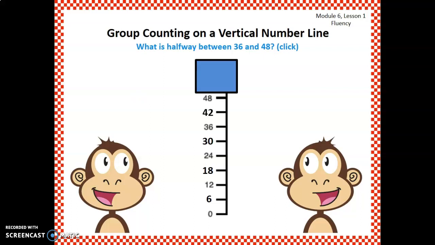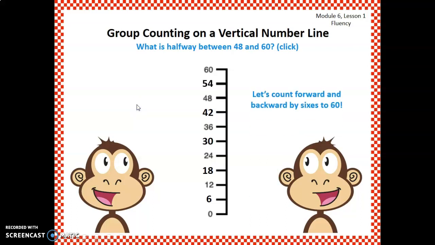Let me see. 6, 12, 18, 24, 30, 36, 42, 48. What does that look like I'm doing? Let's go on to the next one. 48 to 60. What would that one be? 54. Let's count forward and backward by sixes.